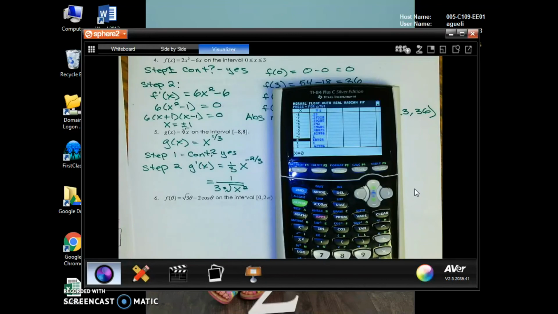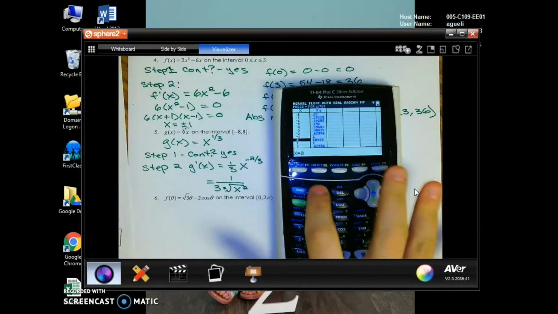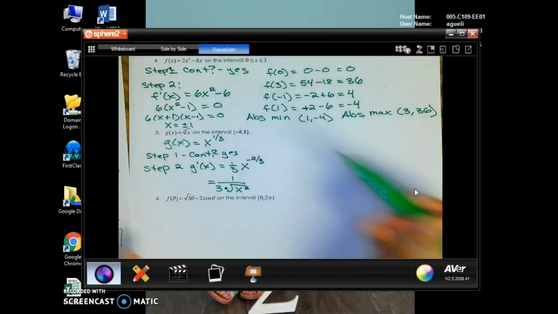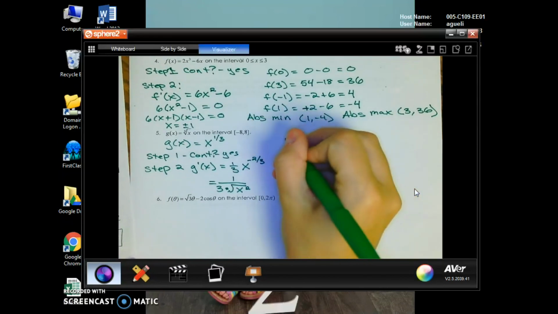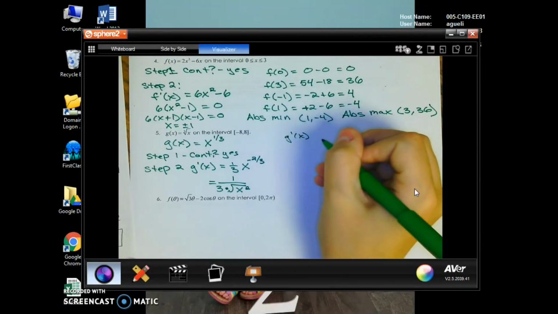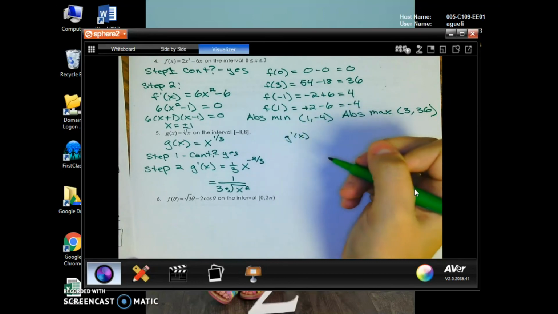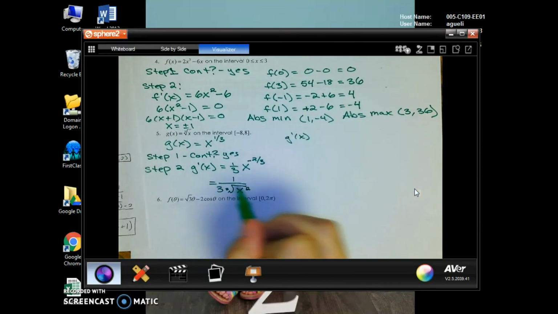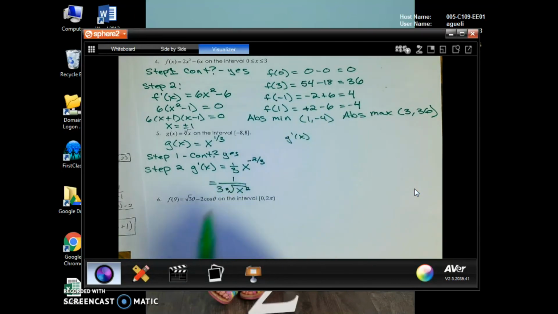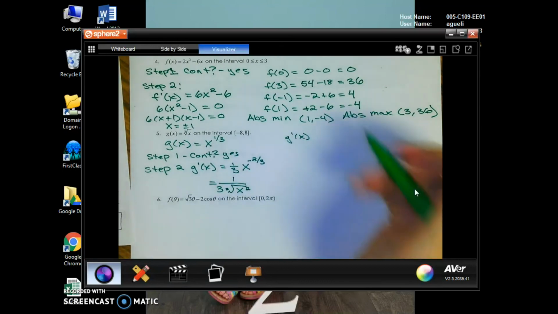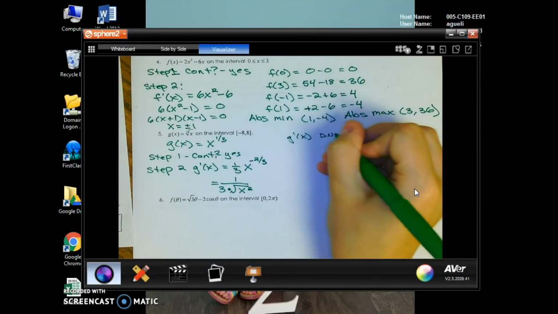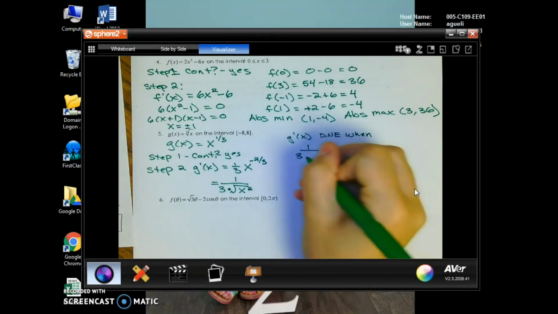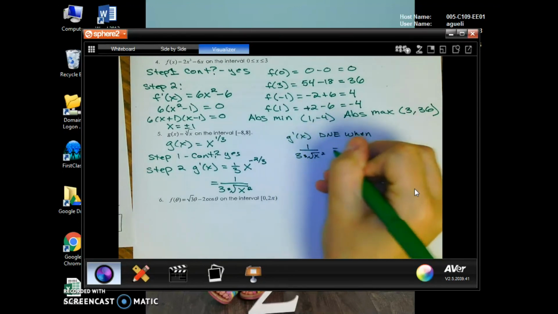So it's not so much where the derivative equals 0. In this case, it's where the derivative does not exist. So we are going to say that the derivative does not exist at what value? Well, that was at x equals 0. It does not exist when you divide by a 0. Again, we talked about fractions, and you're not allowed to divide by 0. So the derivative does not exist when the denominator, 3 times the cube root of x squared, equals 0.